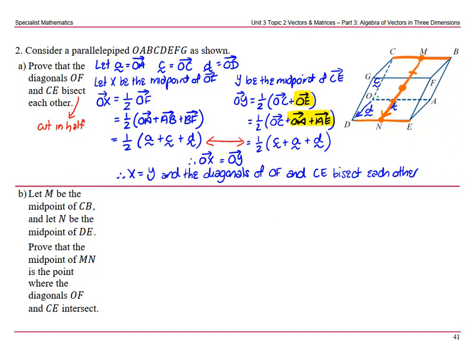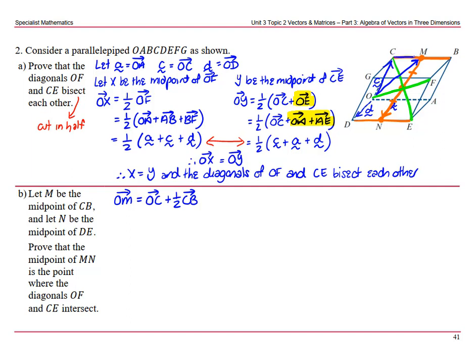So OF and CE. Okay, so OM is going to equal OC plus a half CB. Note OM is here. So OM is your OC plus a half of CB.